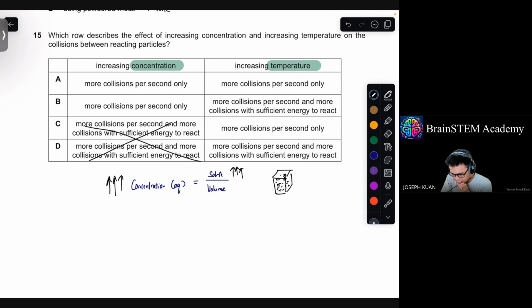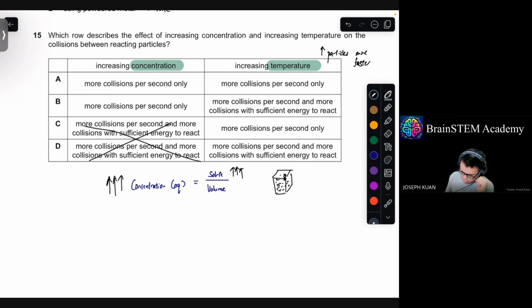So what about increasing temperature? Now, we know that increasing temperature does boost the particles to move faster, because you're providing energy to them. They gain energy and then they move faster. So that actually leads to more collisions per second as well. Despite the number of particles remaining constant, they move faster, so they will collide more.